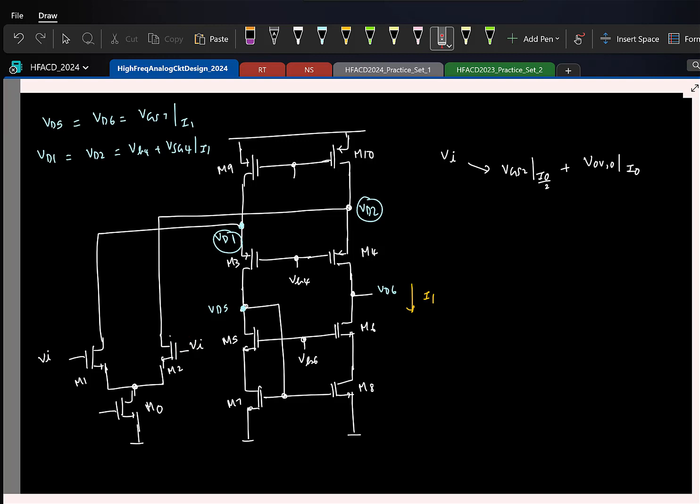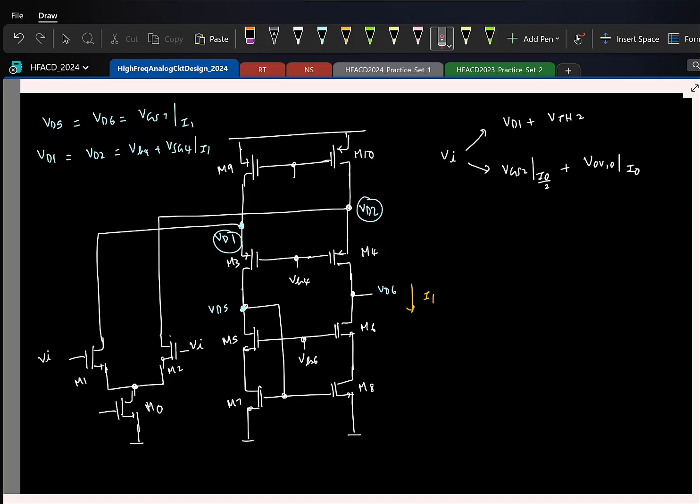So the currents are going to remain same in the two branches, which means the source to gate here is going to be fixed. So for a given VB4, the drain voltage is also fixed. So the maximum we can go, what is it? It can go VD2 plus VTH2.